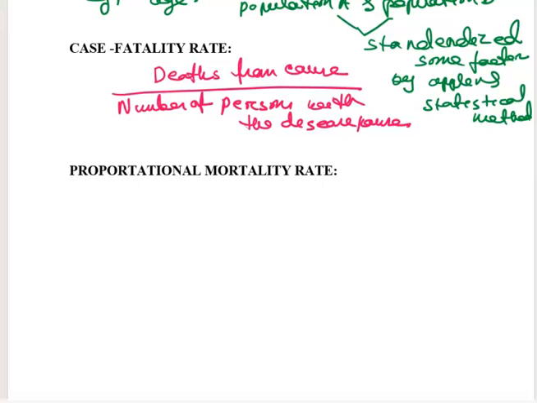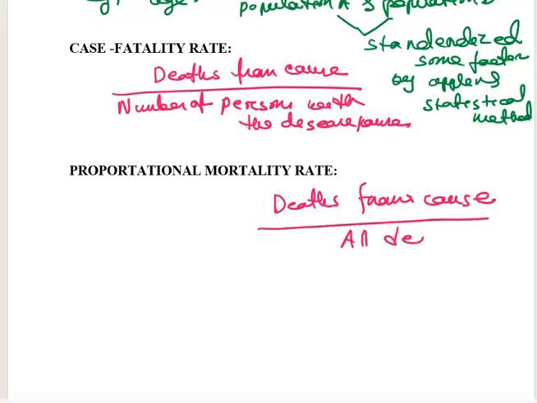The last one is proportional mortality rate. The formula is deaths from a cause divided by all deaths. Suppose a country, or any specific geographic area, has a total number of deaths of 100 per year.